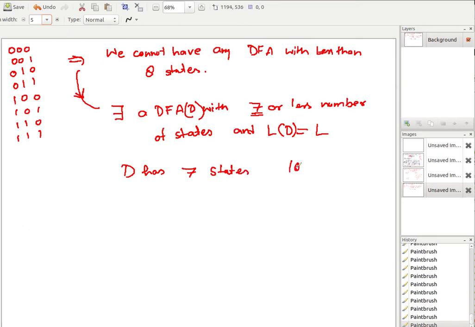Now, because D has 7 states and you have these 8 different strings, when you run these 8 strings on the DFA from the start state, what will happen?